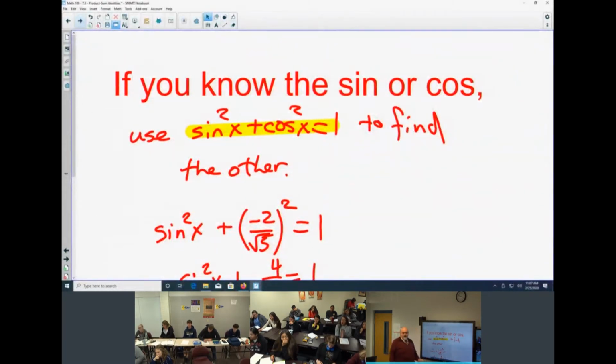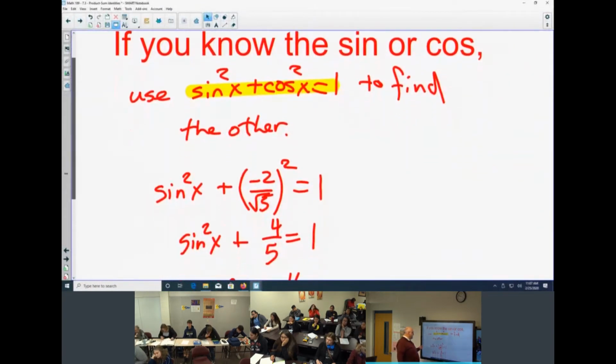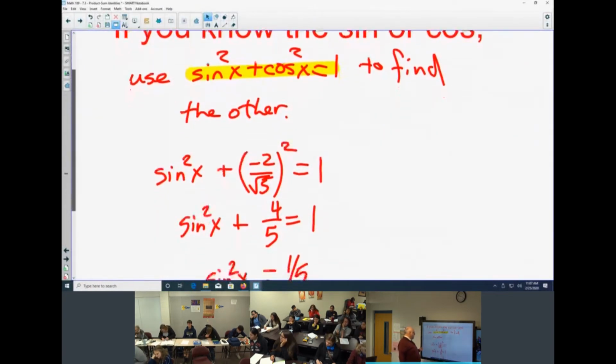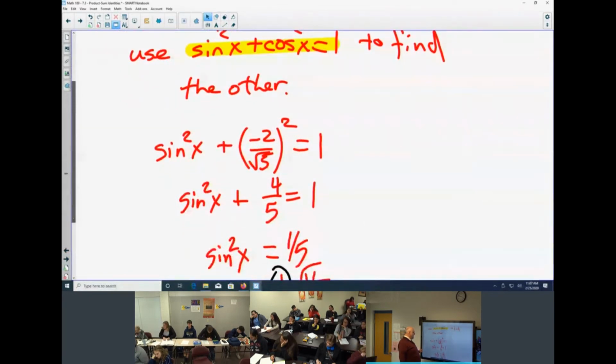So, for example, if I know the sine is, or if I know the cosine is -2 over radical 5 squared, then I could plug that in to this equation and solve it for the sine. Okay? So there I would square it out, subtract from 1, and then take the square root.